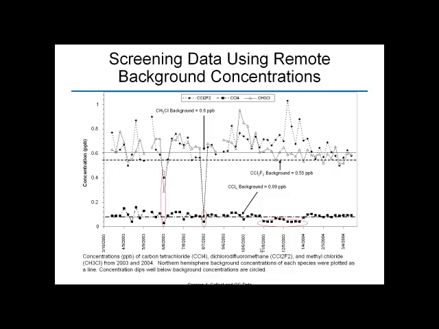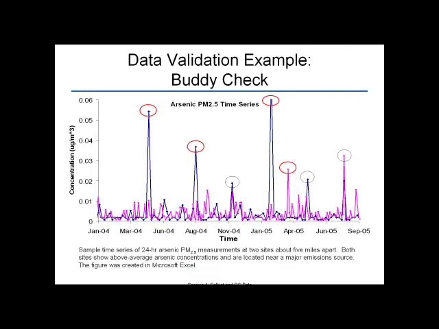Okay, now I'm going to show a buddy check, which is basically just plotting a time series of two sites against each other that are nearby each other. You can either do this as a time series or a scatter plot, but the key thing is that if they're near each other, you'd expect their concentrations to be relatively similar most of the time. For these particular sites, for arsenic PM2.5, there's a known emission source near them.